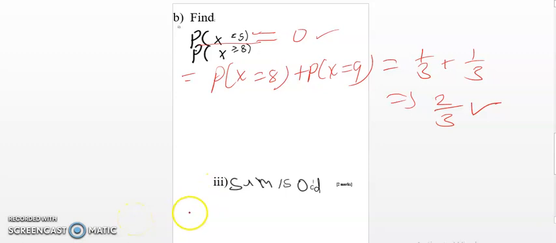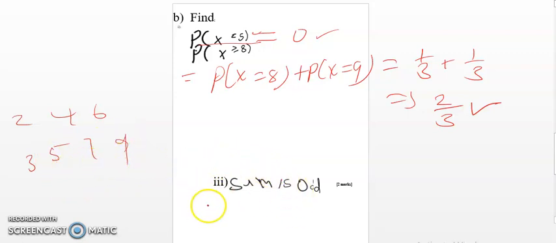Now we are also to find the probability that the sum is odd. You know what we mean when we say odd number and even number. Numbers like 3, 5, 7, 9 are all odd numbers.